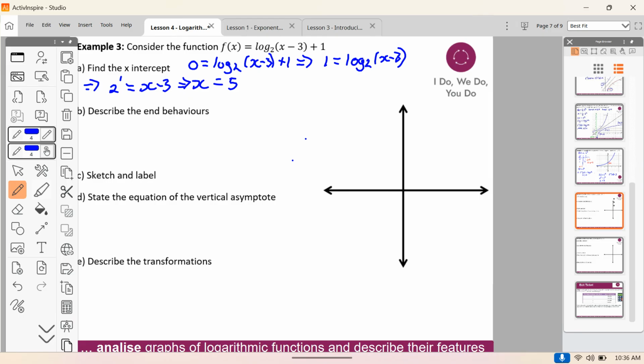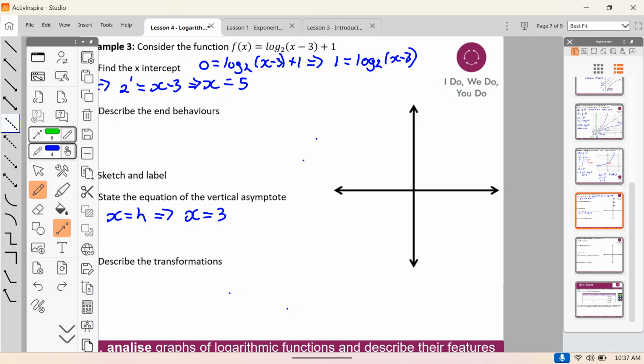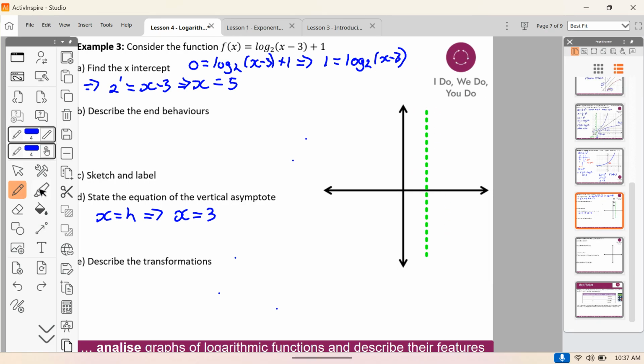So I think the best thing to do is to start with the equation of the vertical asymptote. The vertical asymptote is always x equals h. So this means x is equal to 3. Let's draw that now on our graph, and label.